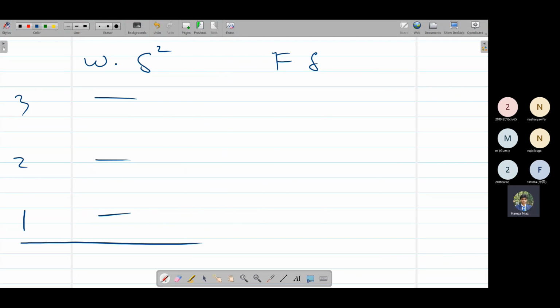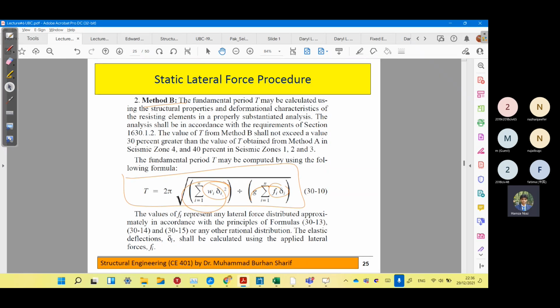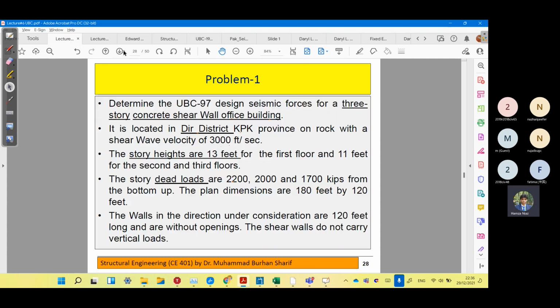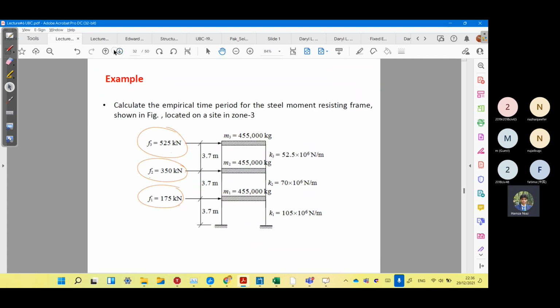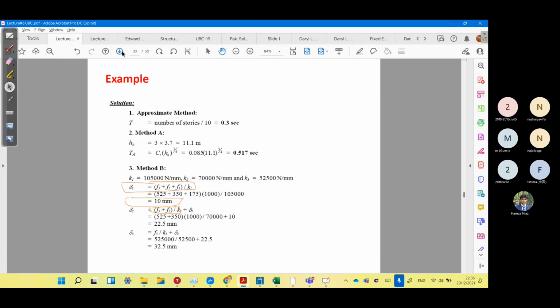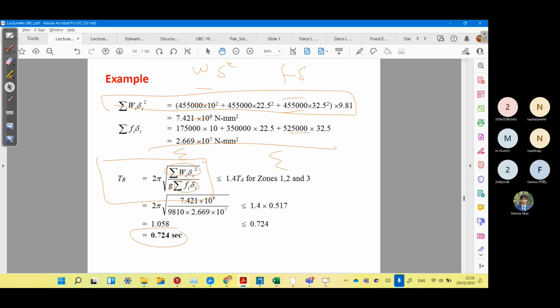We calculate the values, sum them, and similarly sum F into delta. After summing, put the values in the formula and take its square root, and we get the value of the time period, multiplied by 2 pi divided by g also.